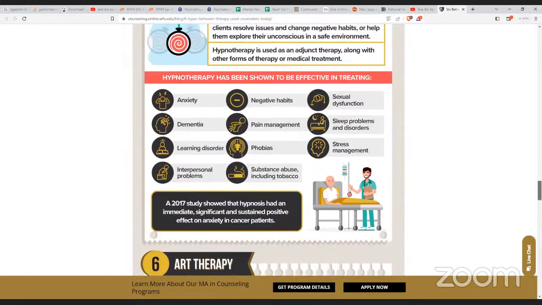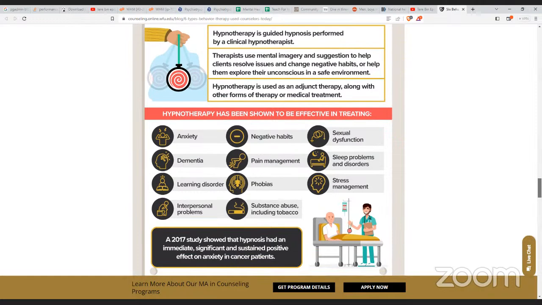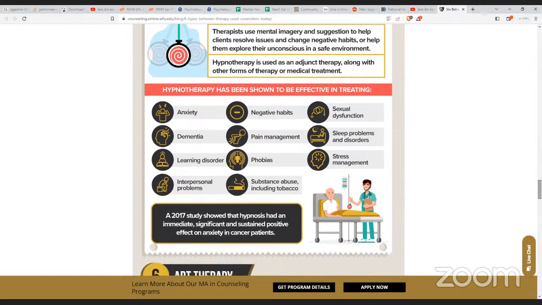Do you know about hypnotherapy? Yes, ma'am. Do you think that hypnotherapy really works? Yes, ma'am, in some cases. There are very famous hypnotherapists who are working, like past life regression therapies.